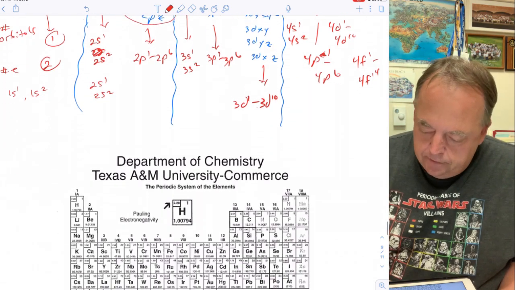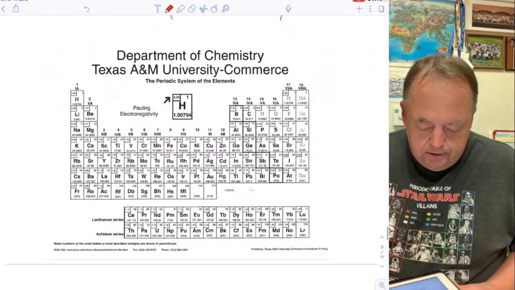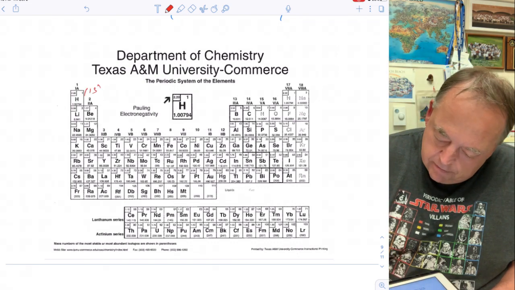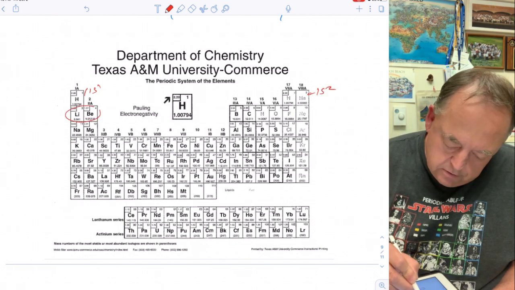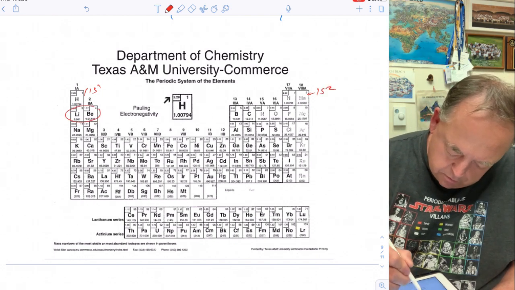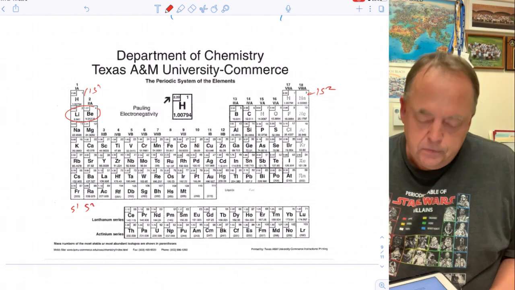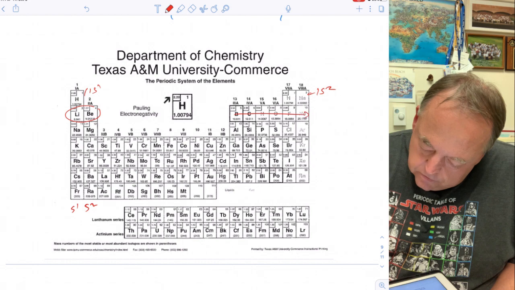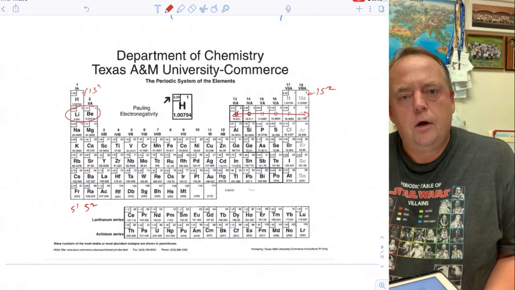Well, the periodic table is kind of laid out like this. So hydrogen would be 1s1, and then helium would be 1s2. And then if you go over here, you'll notice this would be the 1s and 2s, so 2 blocks. And then the p's are here. So there's 6 elements across there, 6 blocks.